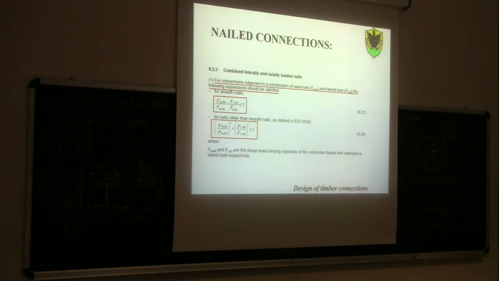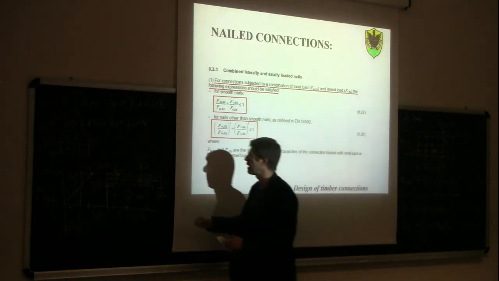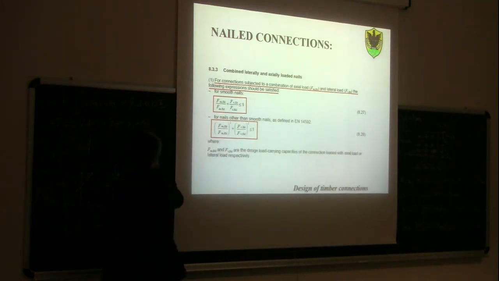This could be the case, if you remember, we saw last time, where you have a connection like this: a plate, you have a beam, and here you have a nail. So this is the force of the beam, this is another member, so this nail is subjected to axial force due to this bending moment, and also to shear.